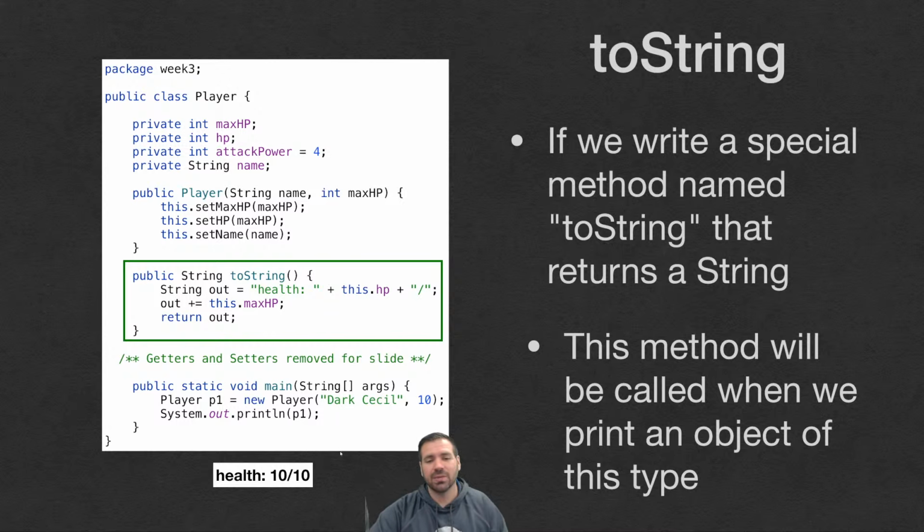When we get to inheritance, we'll talk about the mechanics of why this is the case and how we get this behavior. But for now, if you do want your objects printed in a more human-friendly way, with more useful information, write a toString method with this signature, and that's the behavior you'll get.